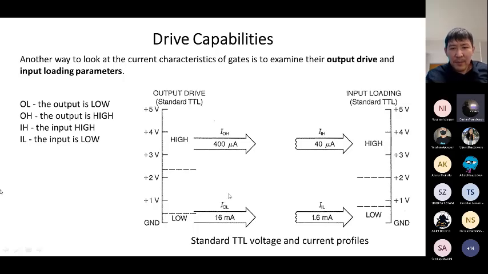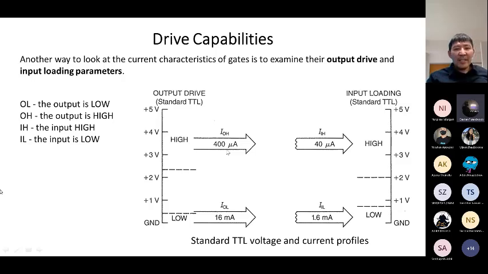For example, we have an inverter, and when its output is low, meaning output is 0, we can take from this output about 16 milliamperes.